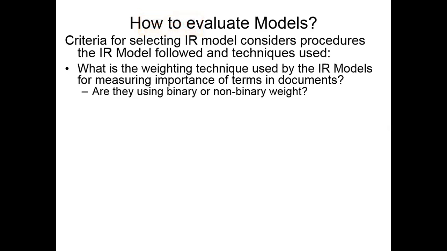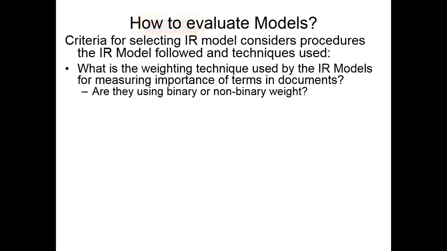Which one is more important? We need the weighting technique to tell us the importance of the term in representing a given document. If you are using binary, it considers only the appearance of the term in a given document. But if you are using non-binary, it takes into account the frequency.